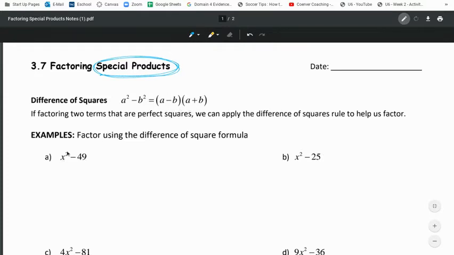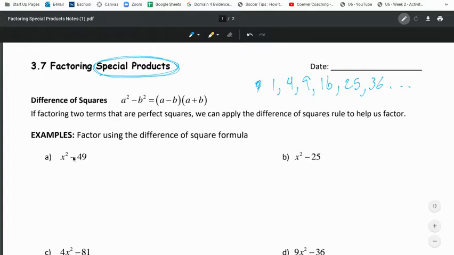So I know that I'm looking for perfect squares, numbers like 1, 4, 9, 16, 25, 36, and so forth. Those are all numbers that are perfect squares. Those will be a key to know, hey, this could be the difference of squares.